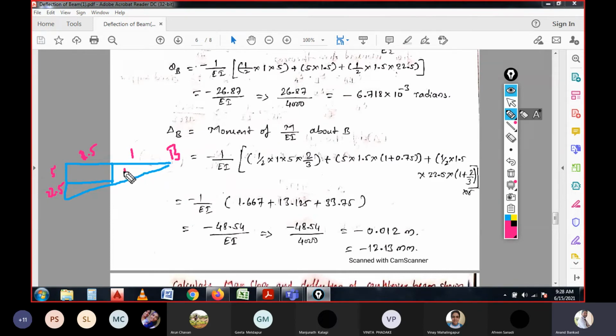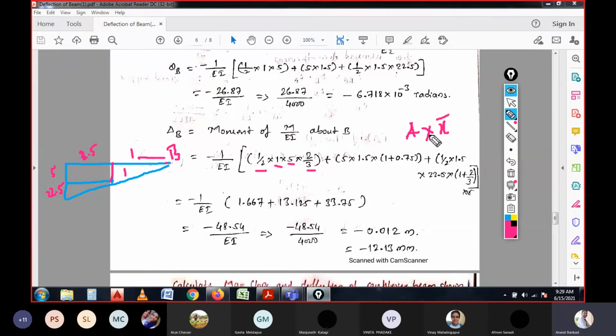Section 1 is having half base as 1 meter and height as 5. So half base into height, and from the tip it is two-third of the base. So base is 1 meter, then it is two-third, 2 by 3, right? So this is the CG area into CG, or else you can write A into X bar.